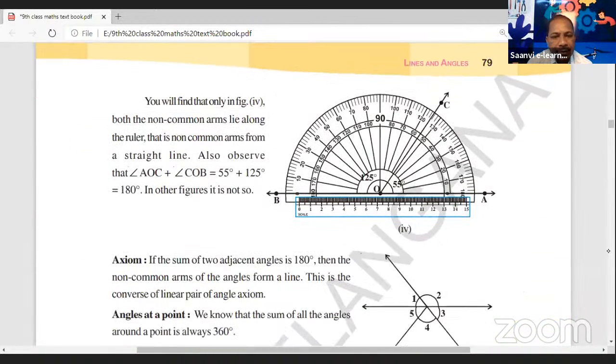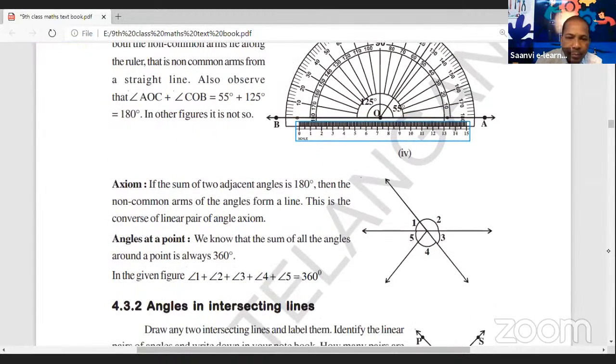And the next one is angles at a point. See here, angles at a point.